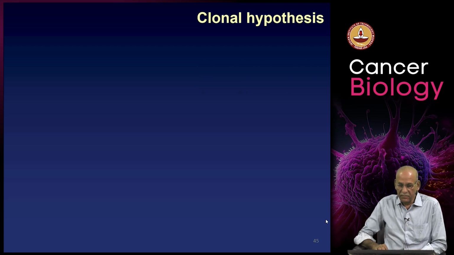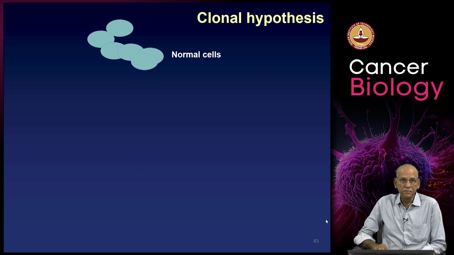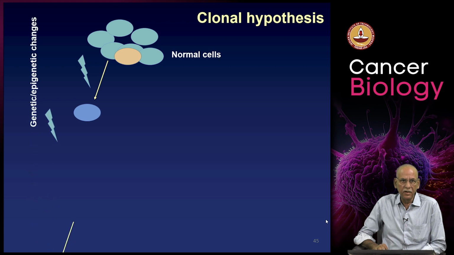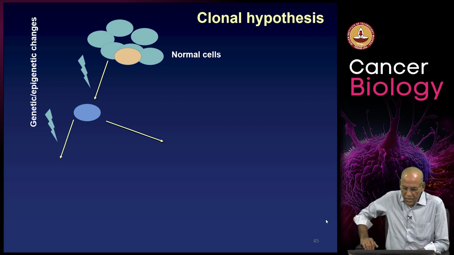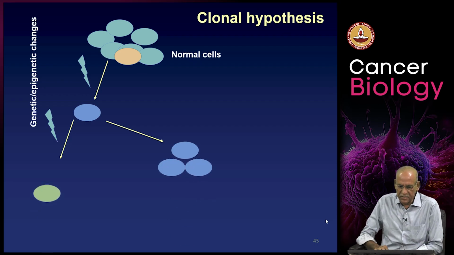People also believed in what is called the clonal hypothesis. For example, you take the normal cells, and let us say some change occurs through genetic or epigenetic modes, and that will result in change in the structure and function.